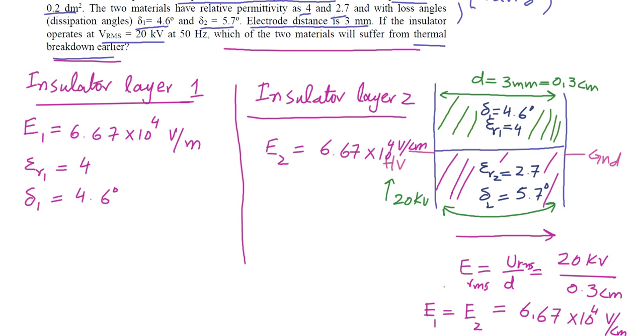And for layer 2, epsilon R2 is equal to 2.7 and delta 2 is equal to 5.7 degrees. And the frequency of operation is given as 50 hertz. So for both cases, frequency will be 50 hertz.